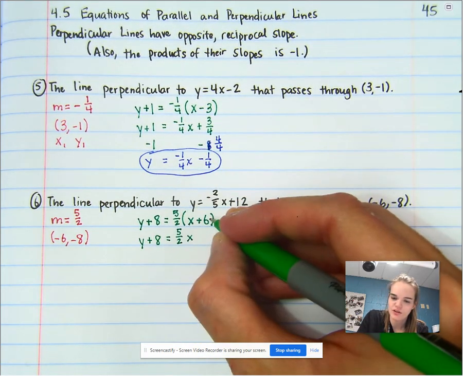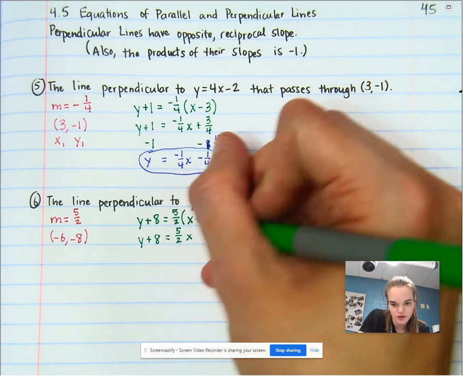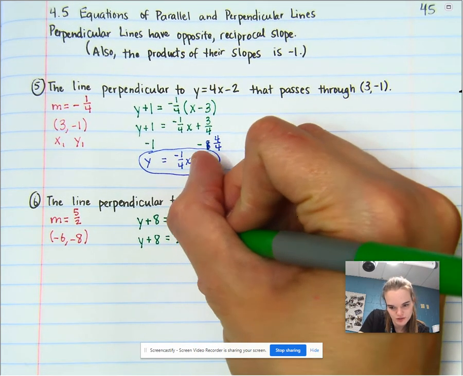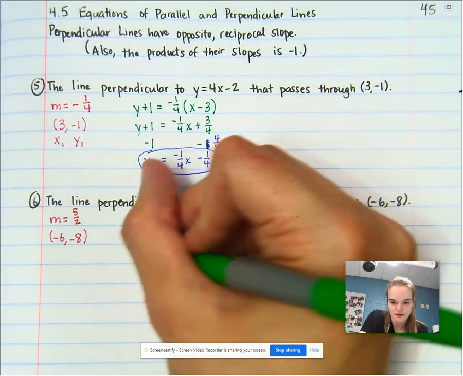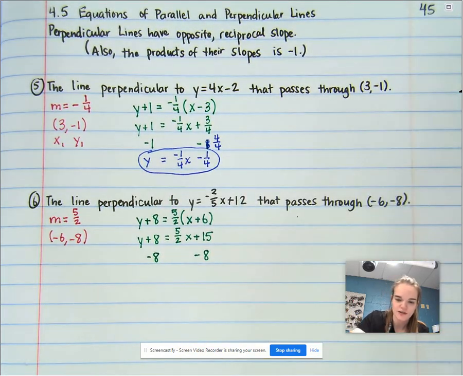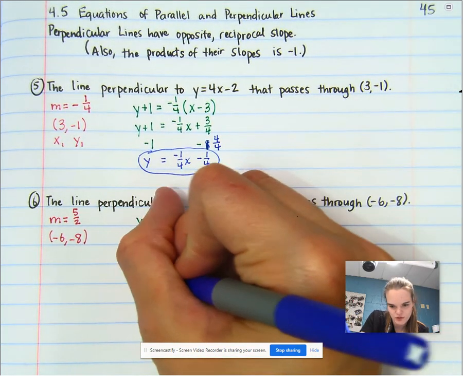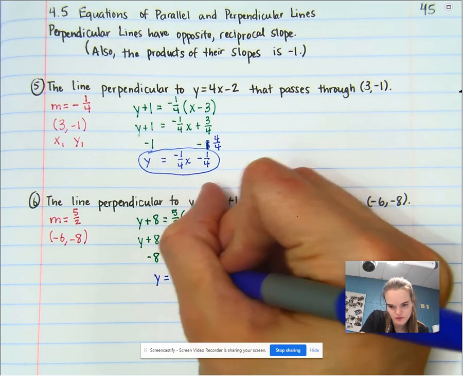Distribute: 5 times 6 is 30. 30 divided by 2 is 15. Okay, subtract 8. Now our final answer is y equals 5/2 x plus 7.